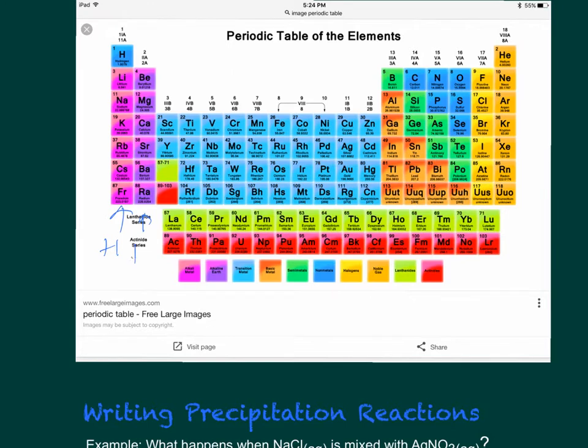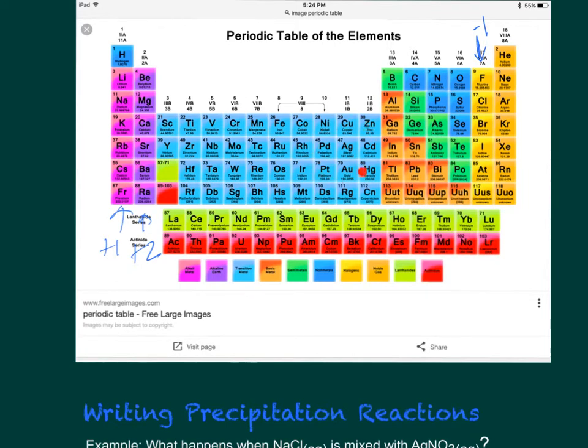And anything in column 7 here, those all form -1 anions. So in the case of sodium chloride, it's really very simple. Sodium forms a +1 cation, chlorine forms a -1 anion.